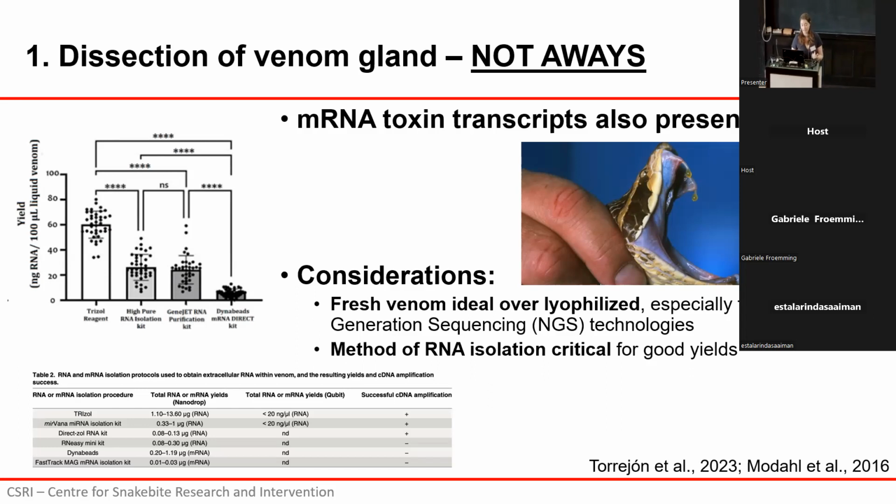And not only myself, but a paper published recently, comparing different methods, also found that Trizol performs the best. In general, the yields are highest with Trizol. So if you have a sample where you're not going to have a lot of RNA present, it is the best alternative for RNA isolation.